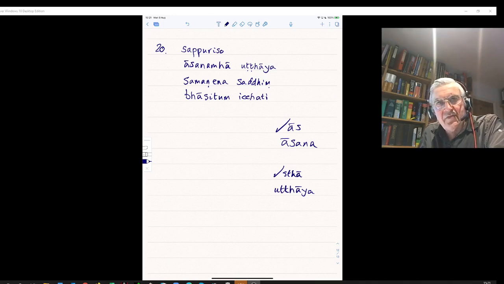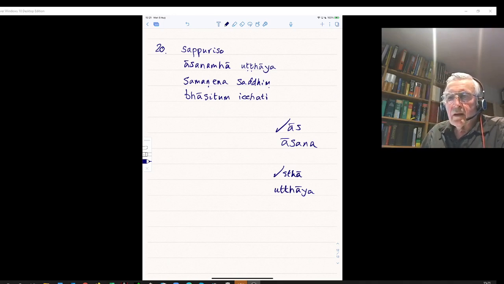It makes it sound as if he's risen from the seat and then formed the desire to speak with the monk. It could also mean that he's sitting there and he sees the monk, wants to speak to him, and so decides to get up. So that he decides he wants to get up from the seat and then speak with the monk. It would be put in exactly that same way in Pali.